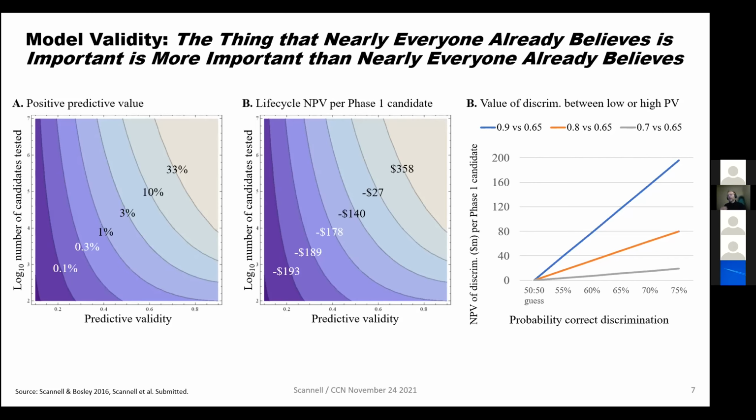So for example, the orange line shows, if one is 60% correct distinguishing between candidates that were yielded with models of 0.8 versus 0.65 predictive validity, right? Well, that's going to be worth $30 million per phase 1 candidate, right? So getting a little bit better at distinguishing the quality of models is in quantitative terms quite important.